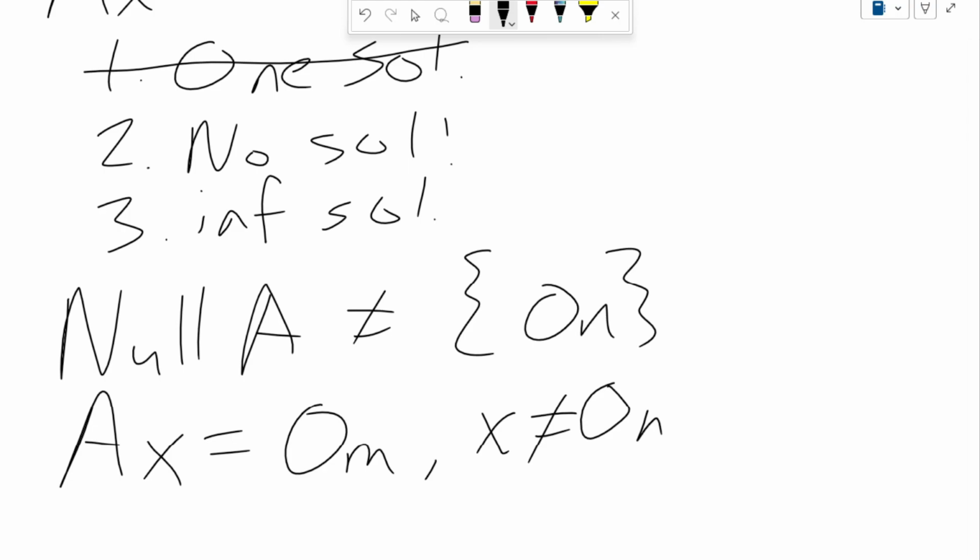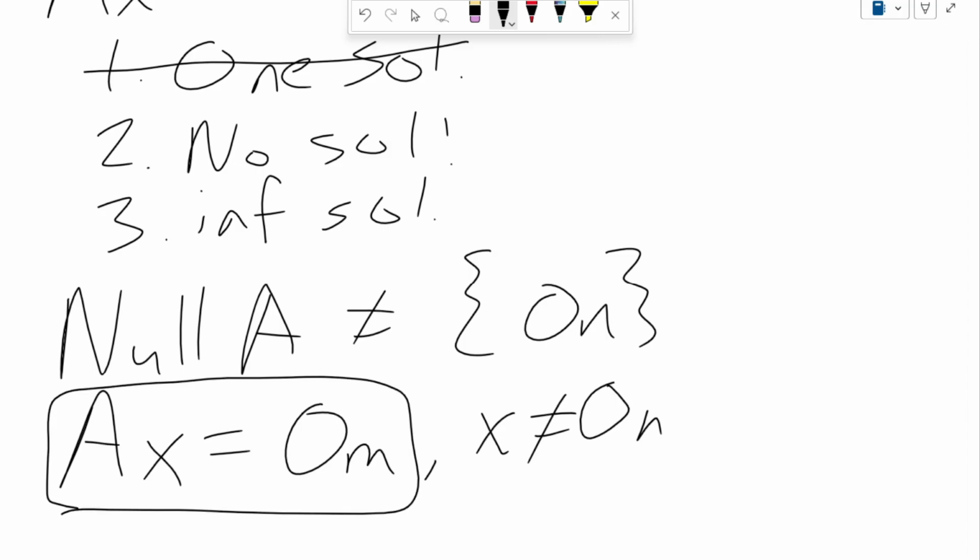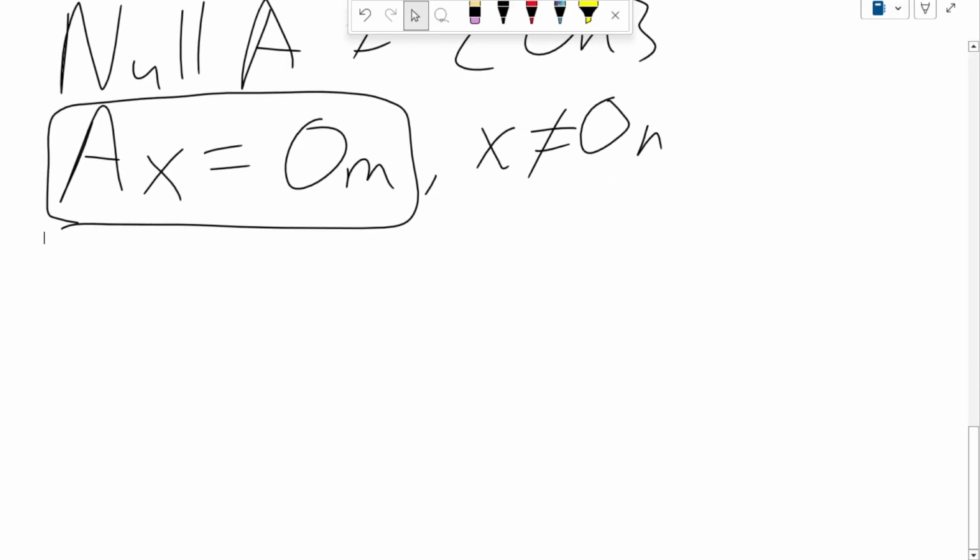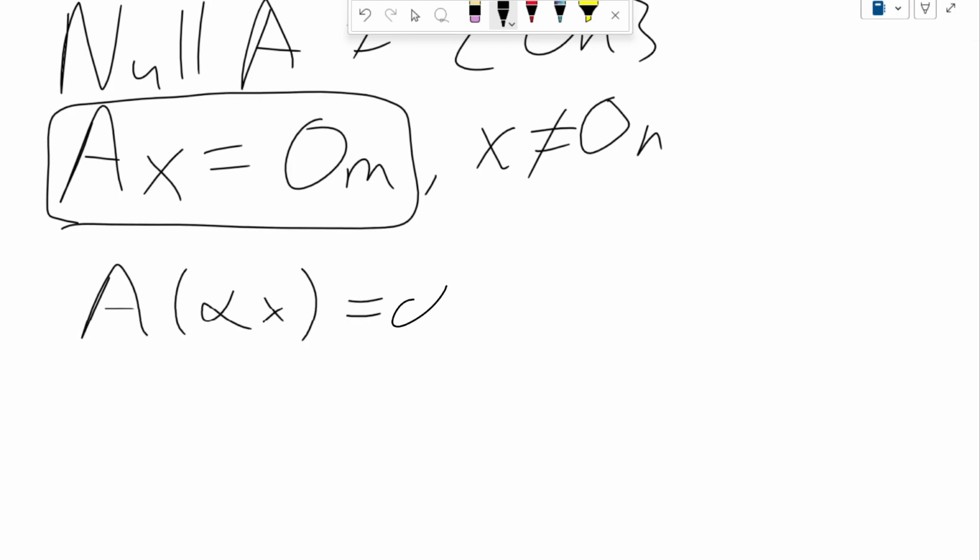So this means automatically that this system of equations has infinite solutions because we can take any multiple of x, right? So if we have A times alpha x, this is alpha Ax, which is alpha times 0, which is 0, right?